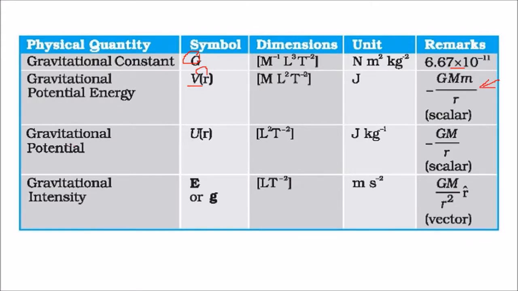The gravitational potential is given by minus G M by r, which is a scalar. Since energy is in joules, the potential is per unit mass, so it is joule per kg. The gravitational intensity, represented by E or sometimes E g, is given by G M by r squared along the unit vector direction, so this is a vector.